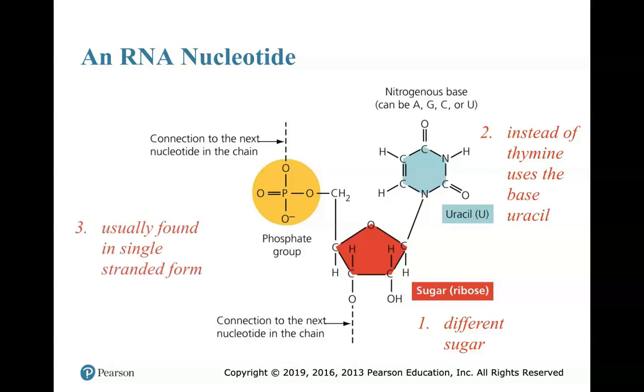Difference number 3, it is usually found in the single-stranded form. DNA in eukaryotes is double-stranded. It has a strand, and then that strand will have a complement, so it is a double-stranded helix. RNA can be either double-stranded or single-stranded. In fact, it's mostly found in single-stranded form in eukaryotes.